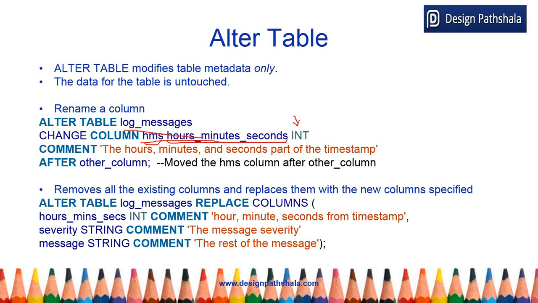So it's your responsibility now to make sure the data inside this column is in integer format. It's not the responsibility of Hive. Hive is just changing the metadata, and Hive is just using this metadata to read or write your data. So it's your responsibility to keep this data in this format if you are altering the table. So here I've altered the column name, the column type also. I've added a new comment to the table. I've altered.